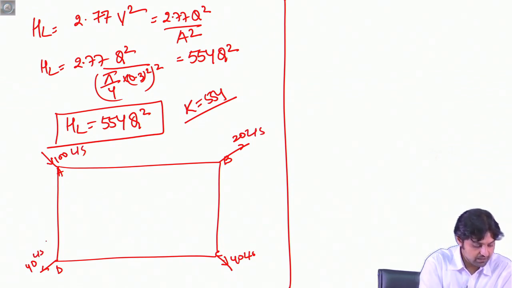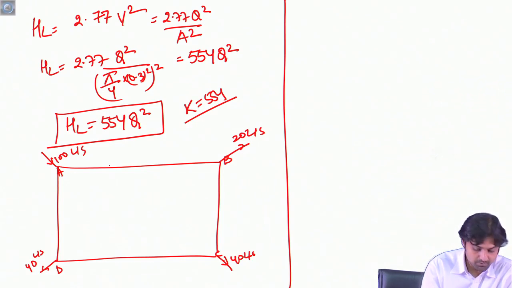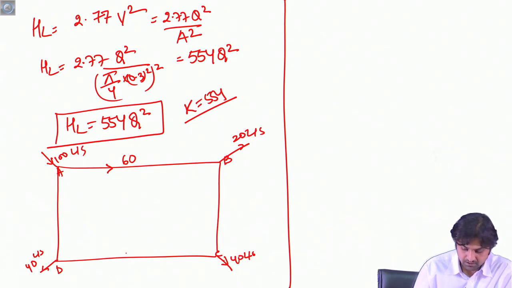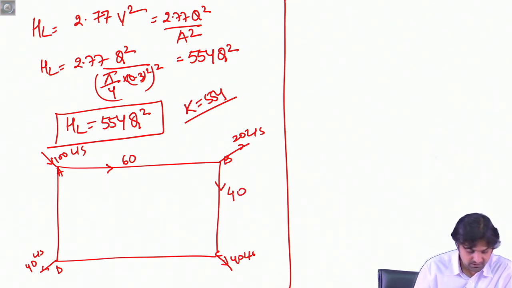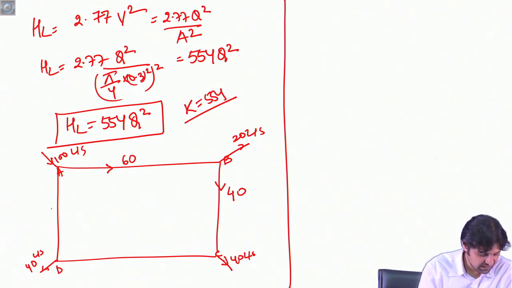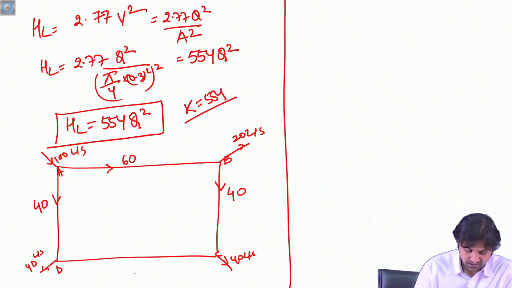Let's say when 100 is coming, pipe AB gets 60 like this, okay, and this, say, is 40, okay, and AD is in this direction 40, all right, and therefore 40 comes, 40 goes out, and this will be 0.